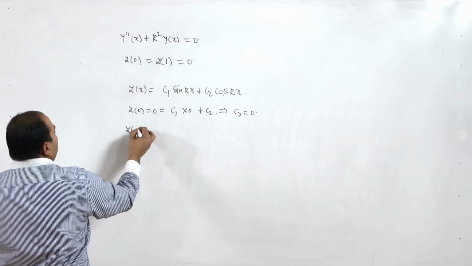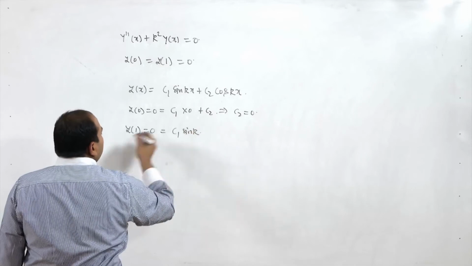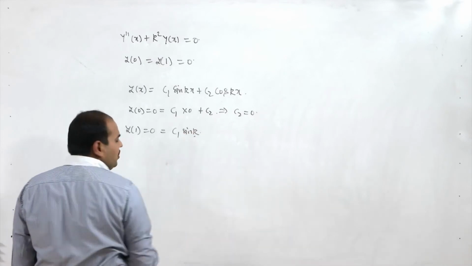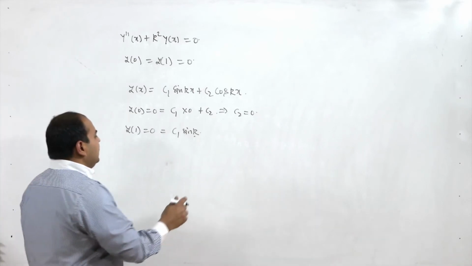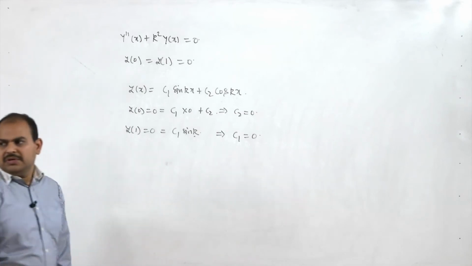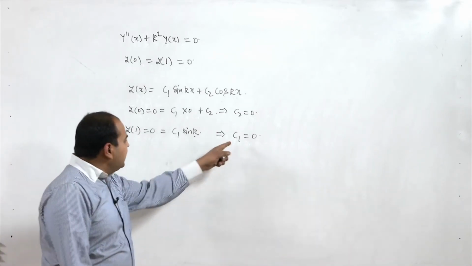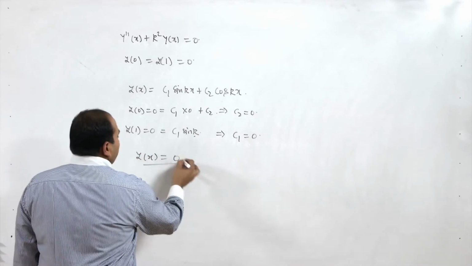Then y(1) = 0 means c1 sin(k) = 0. If k is not an integer multiple of π, where k is some given number, then this simply implies c1 = 0. So y(x) is nothing but a trivial solution.